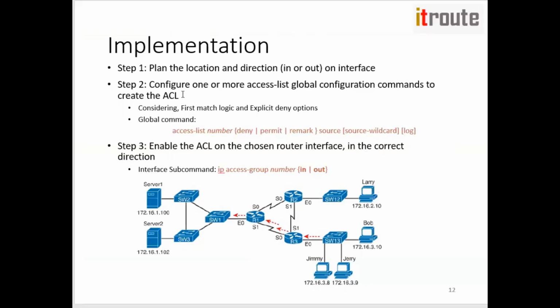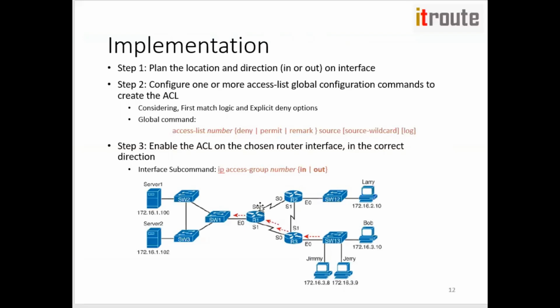After that, you need to configure globally. In global configuration mode, we configure the access control list. Global means, remember, we do config terminal and after that we configure something. Once you configure globally, the third step is to assign this to the particular interface.